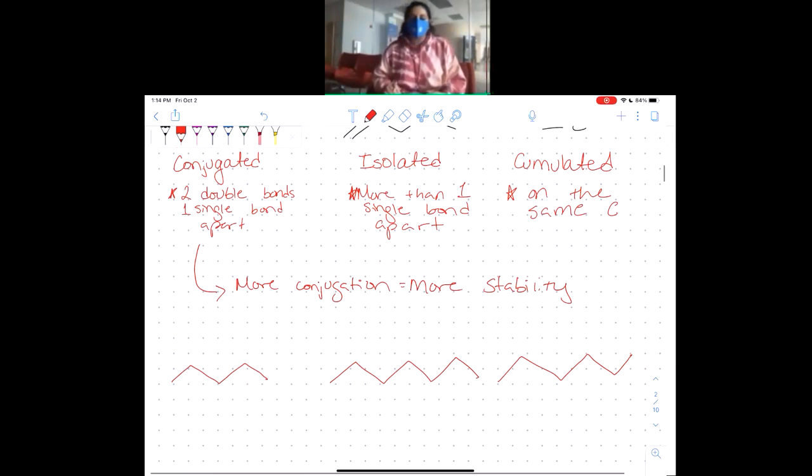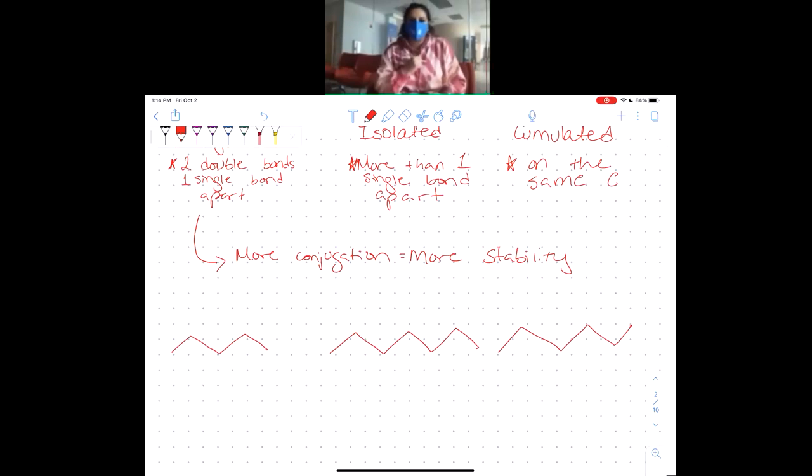So basically when we say level of conjugation, we just want to quantify how many double bonds are in conjugation on the molecule. So the smallest number we can have is 2. Well, let's say we have 3 or 4, right?